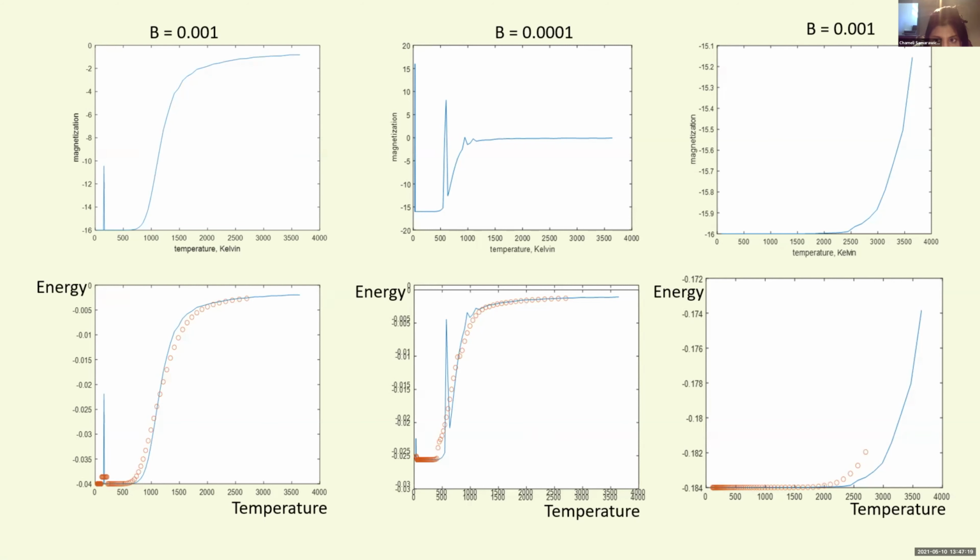Here? Yes. So in your lower panels, why does energy increase as you increase the temperature, and why does it stabilize near zero? How do you interpret it? You see your energy goes from minus 0.04 and then approaches zero, right? Yes.